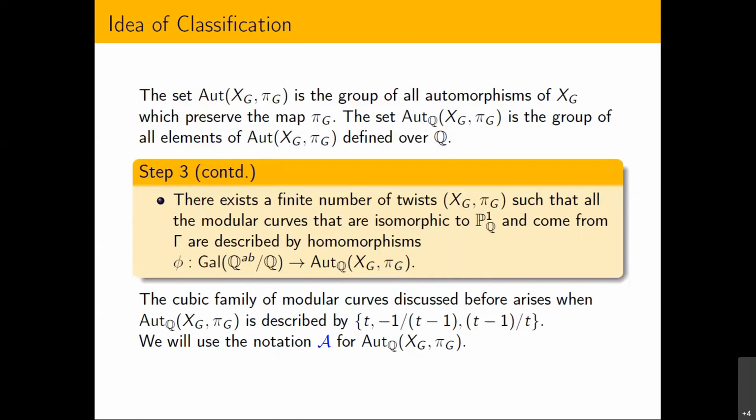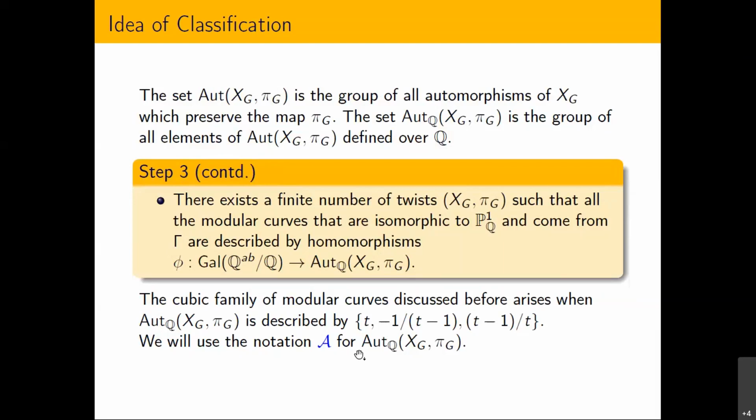And that's where the description of the family comes from. The cubic family, which I described before, arises when Aut_Q(X_G, π_G) is cyclic of order 3, explicitly given as this. It's unique up to conjugation.